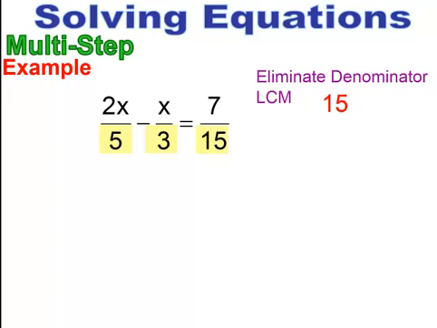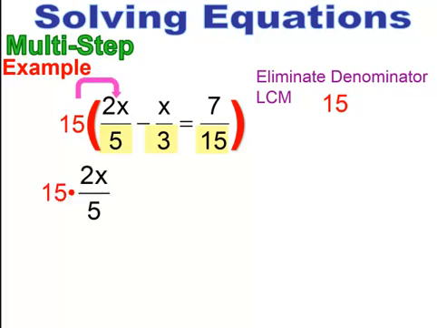So now you found the least common multiple and you're going to multiply it to each piece of this equation. So you're going to multiply to the first piece. I multiply 15 to 2x over 5. Now this is a whole number being multiplied to a fraction. So this is where the multiplication of fractions comes into play. Take that whole number, put it over 1.